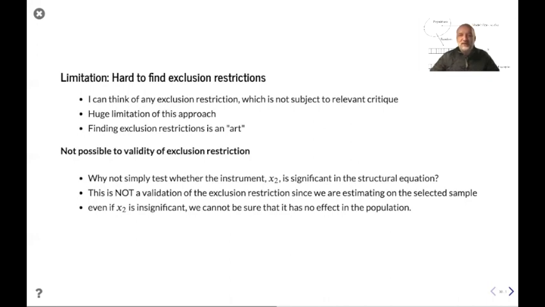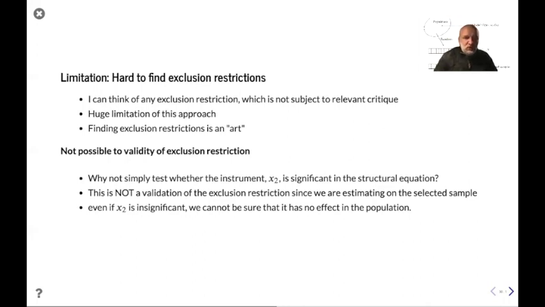Okay, that's a limitation of this particular approach, and really, I must say that when I was trying to write these slides, I couldn't actually find any exclusion restriction which is not subject to any relevant critique. Okay, I'm not saying that there are not good people doing brilliant empirical work out there. It's just that oftentimes you end up saying why this particular exclusion restriction may actually not be valid. So it's hard to find good exclusion restrictions, good instruments.